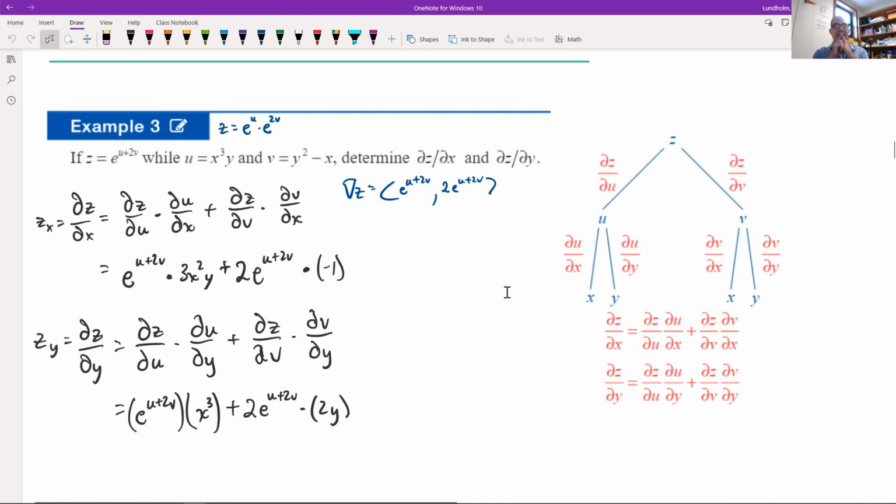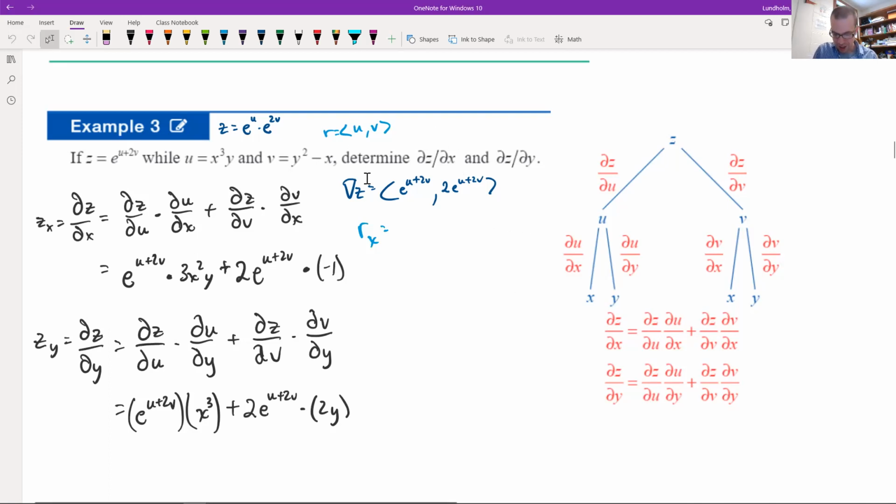But in order to get the other one, maybe we call the vector version of the u equation and the v equation r. What we would be trying to find then is the partial derivative of r with respect to x.